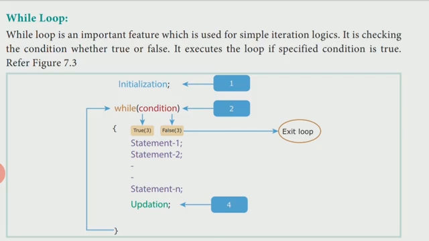Then at last, after the execution statements are finished, you give the increment or decrement operators. So first initialization, while with the condition within parentheses, then within curly braces the execution statements, and then the updation. So this is the difference.